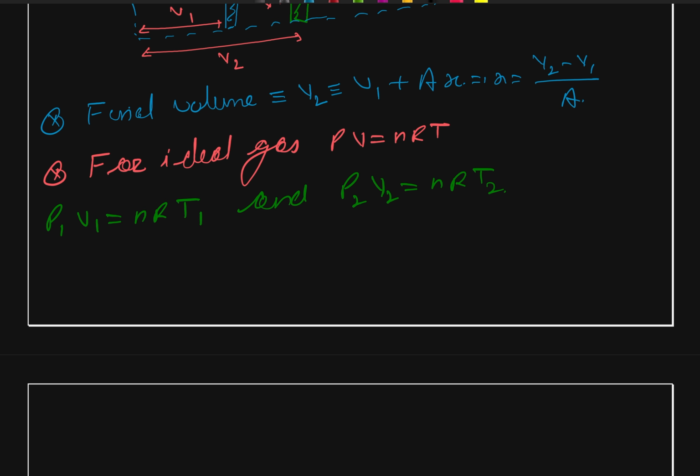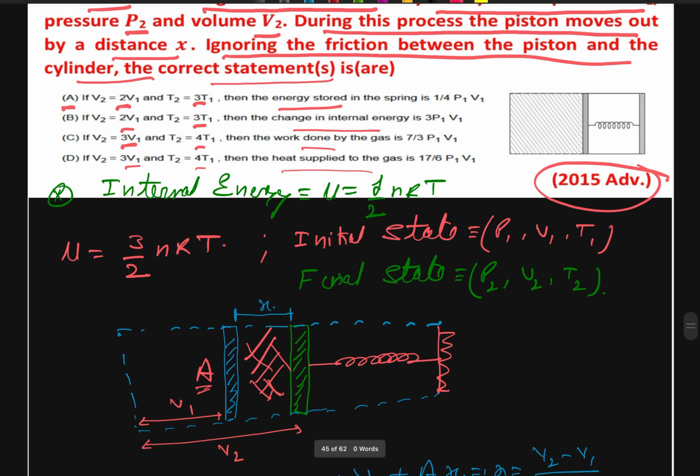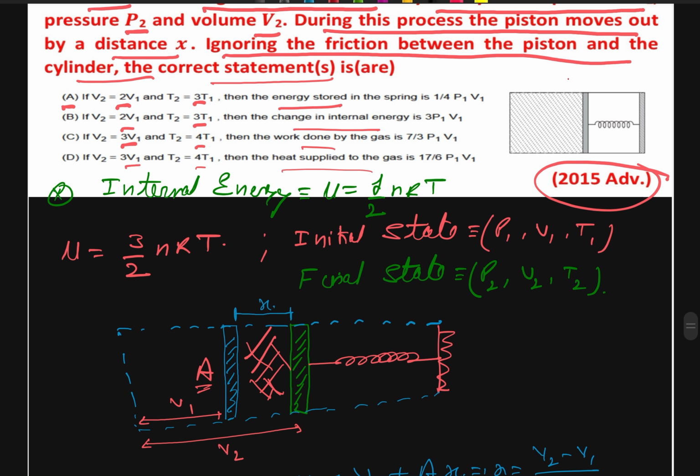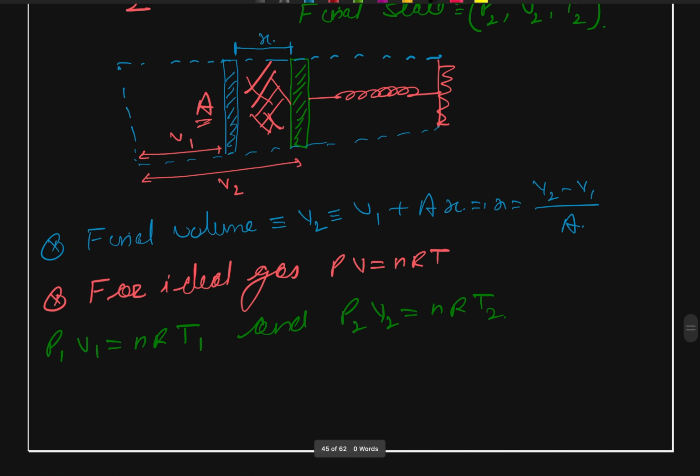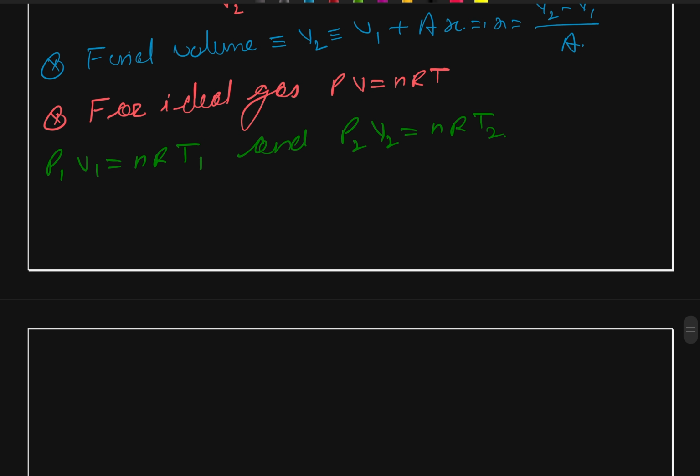Because initially this is our initial state, the spring is relaxed, so the pressure which is inside will be entirely balanced by the external pressure, not by the spring, because initially the spring force is equal to 0.